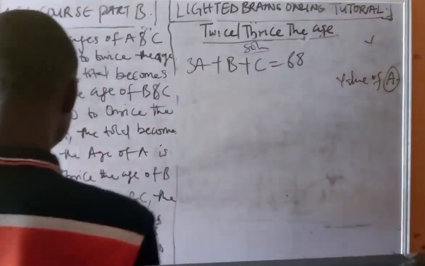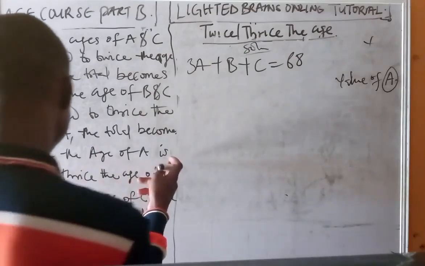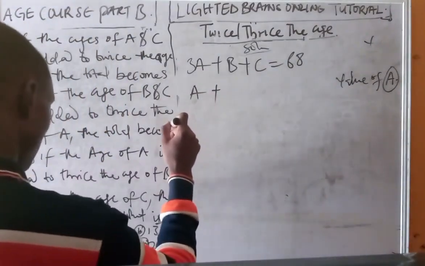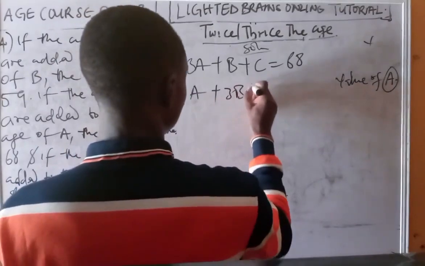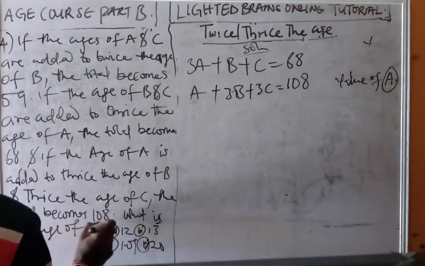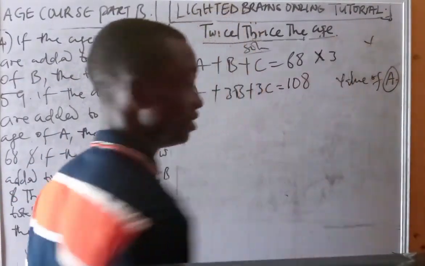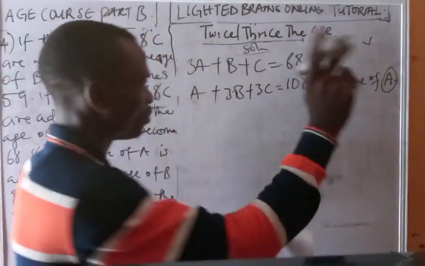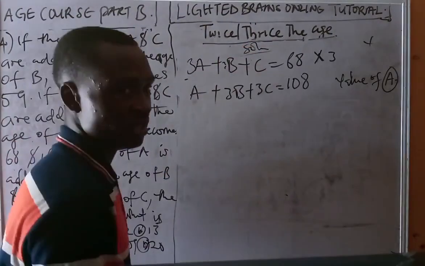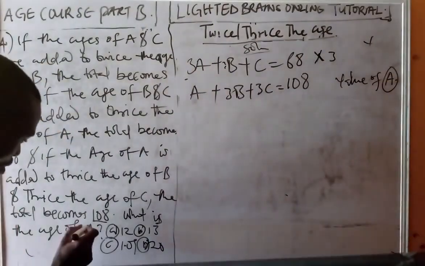And the other one, which stated that the age of A is added to thrice the age of B, 3B plus 3C is equal to 108. Now let's multiply this by 3. When we multiply this by 3, here will become 3B and here will become 3B. Then we now minus. You see that here will get eliminated, here will get eliminated. You now find the value of A, because that's what they're asking us.